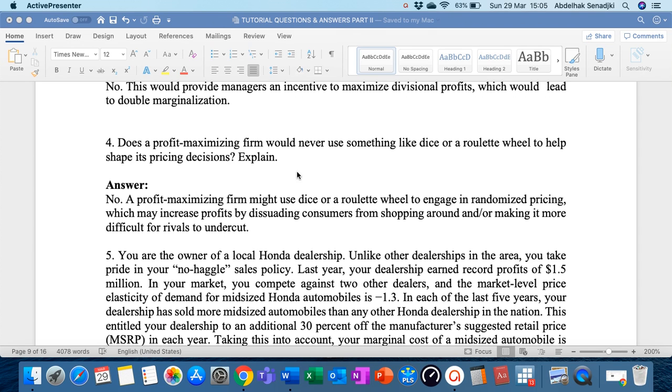So in that case, the company plays that dice and roulette wheel in order to confuse both the consumer and the rivals about its prices or pricing strategies.